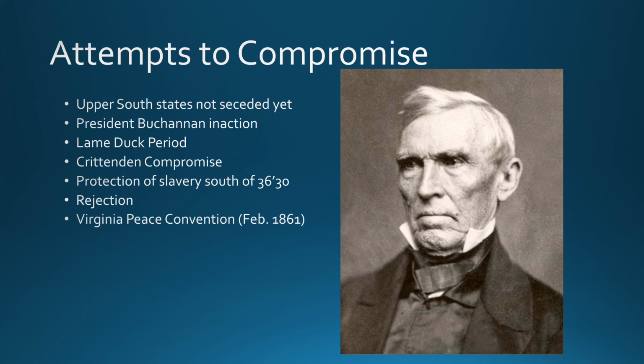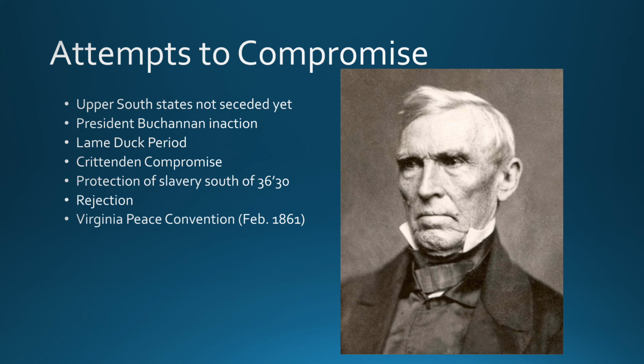In February 1861, there will be a peace convention that meets in Virginia to talk about the potential for trying to see if they could bring the seceded states back into the Union. The problem is, of the states that had already seceded, no one shows up.